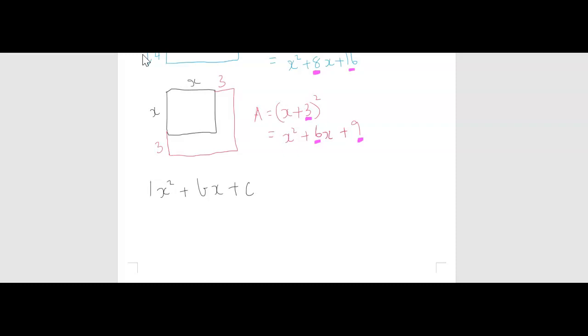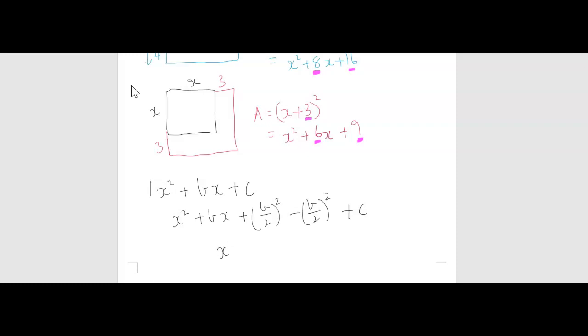So in general, if you want to complete the square, you're going to do x squared plus bx, and then you're going to add b on 2 squared like we did before. Then you're going to subtract it, because otherwise you've changed the value of that quadratic, and then you're going to add c.